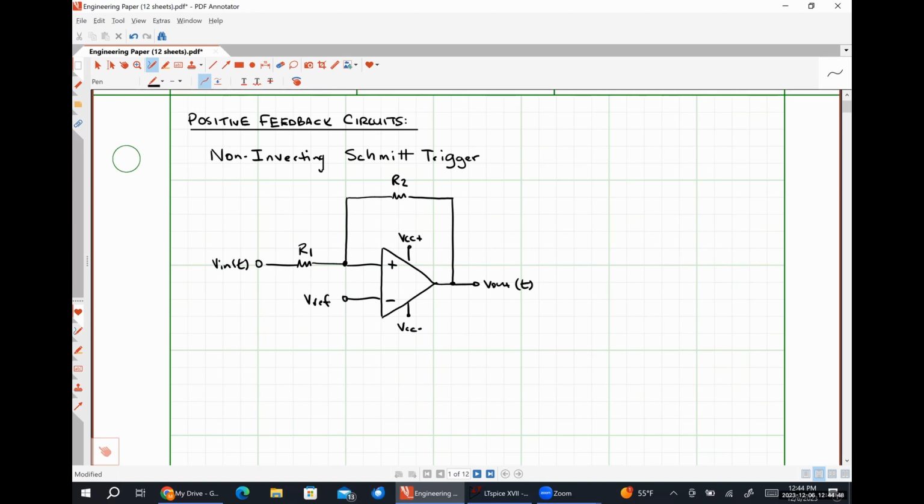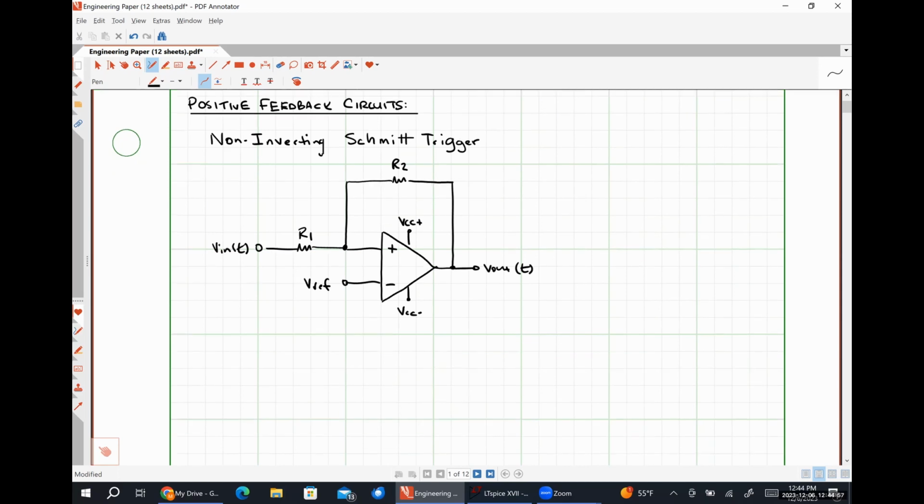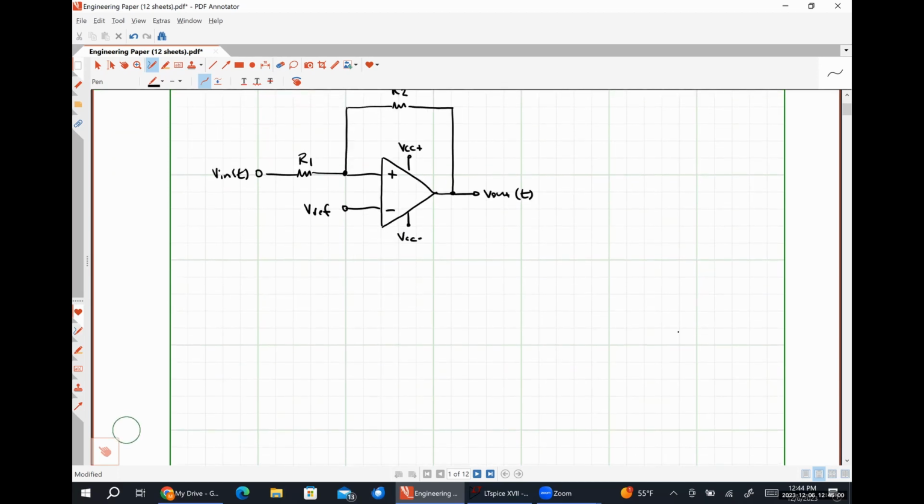In order for us to understand how it behaves, we are going to employ our practical op-amp model. This one is a little bit more difficult than any that we've drawn before, so I'm going to take my time. As per usual, I am going to start with the practical op-amp model itself, and then connect all of the external things as I get to them. Starting with my practical op-amp model, I have my internal input resistance, Rin.